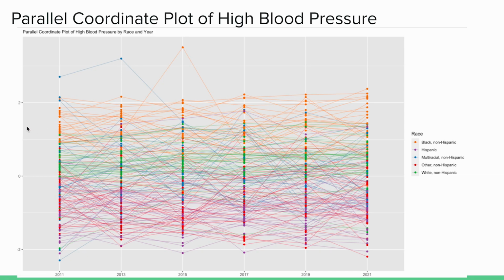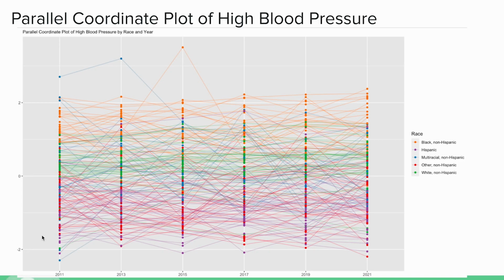As we know, high blood pressure isn't so much about race, but rather maybe the diet a certain race or culture consumes, or whether exercise is valued. But if everything was held constant, there shouldn't be such a divide in racial disparities among high blood pressure. So that is a little bit of a concern.